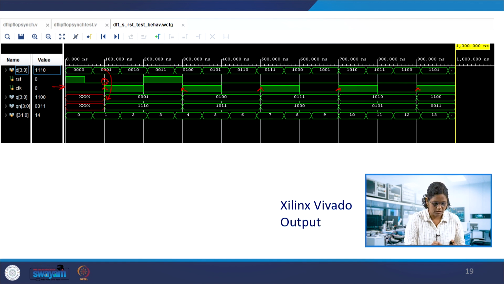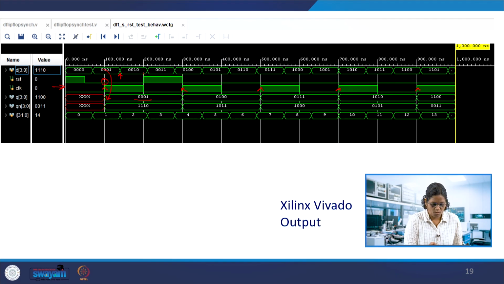So with synchronous reset, the reset is 0, so the data is passed to here. So 4-bit data 0 0 1 can be seen over here. And in between, because we have given this I 70 time units, the data is changing continuously in between.